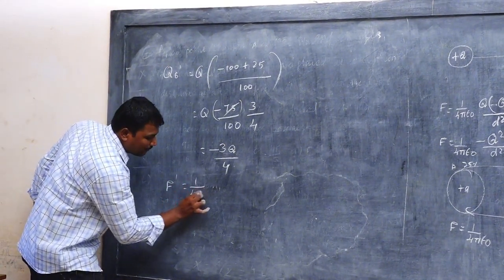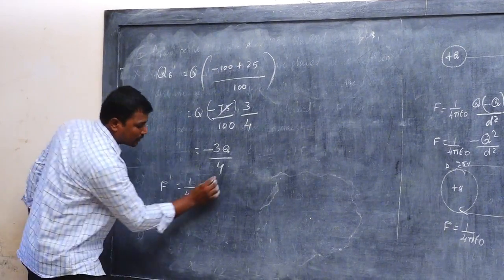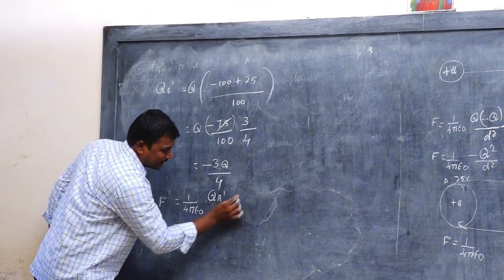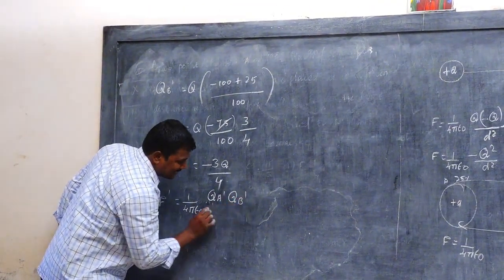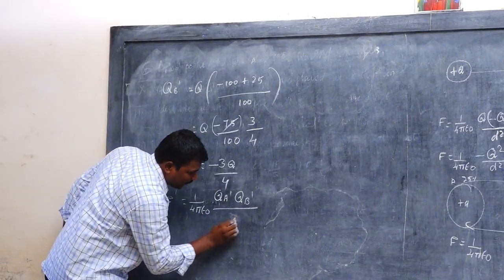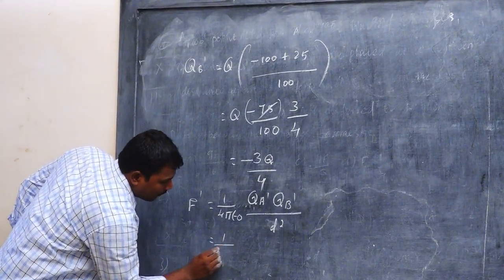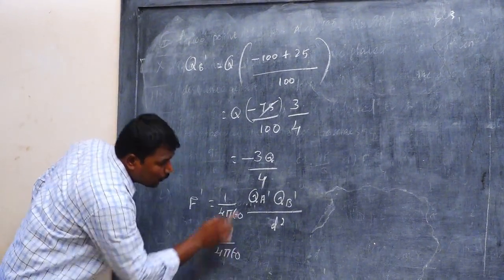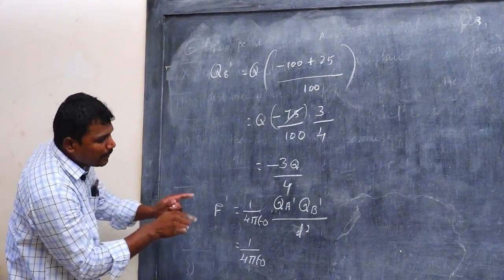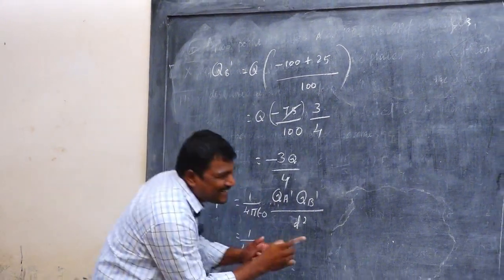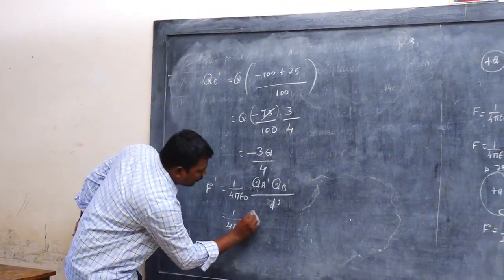You know the standard formula: 1 by 4 pi epsilon naught QA dash QB dash divided by d square. QA dash, the value we found, after 25% of charge decreased, is 3 by 4 Q.